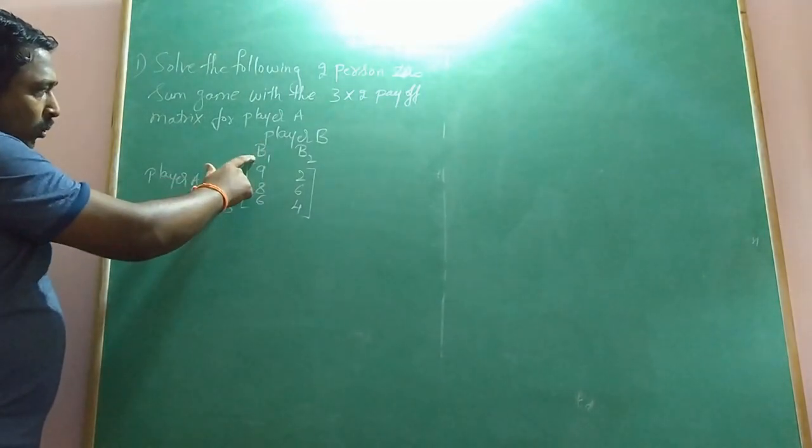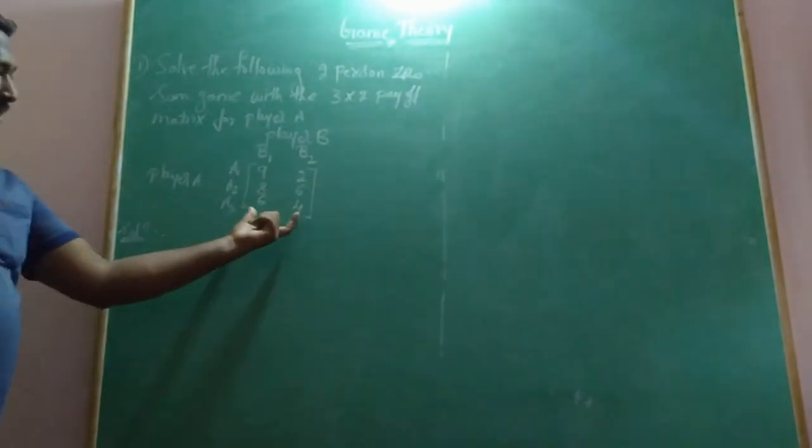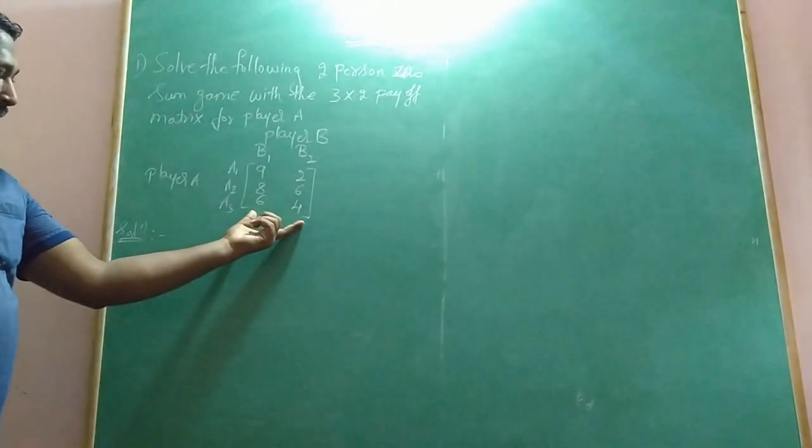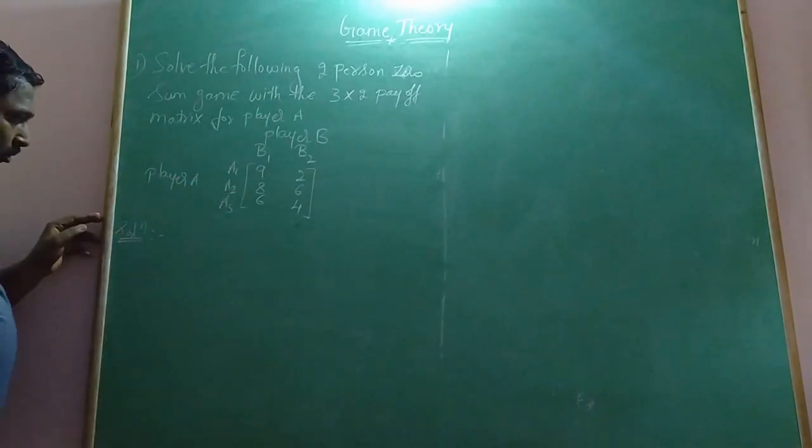Player B has 2 strategies, B1, B2. The elements inside the payoff matrix represent gain or loss with respect to each player. Let us go for the solution.